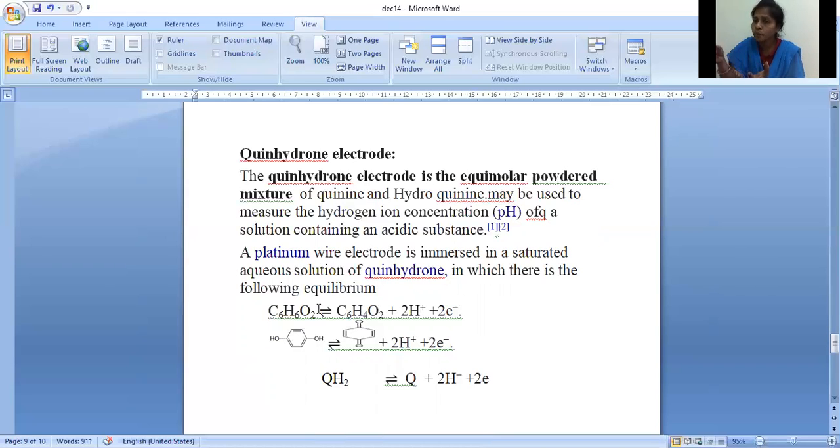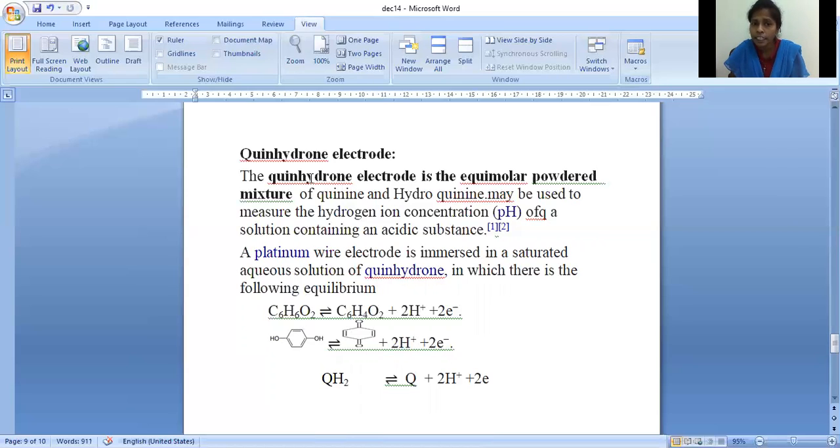In this acid, we dip the platinum electrode. So now the platinum electrode is dipped in the quinhydrone and the acid. Now it is able to supply electricity, because the platinum wire is responsible for electricity. So this is the construction of the quinhydrone electrode.